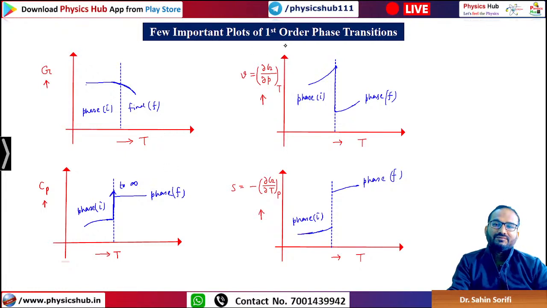So we can say that in the first order phase transition, the specific heat diverges.